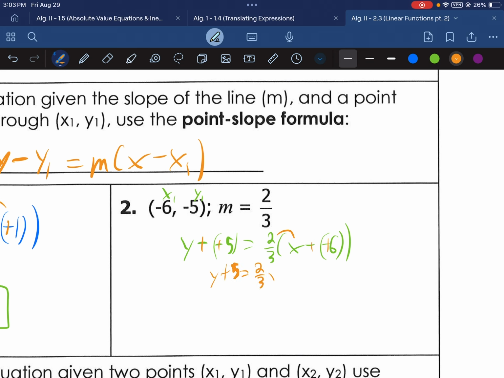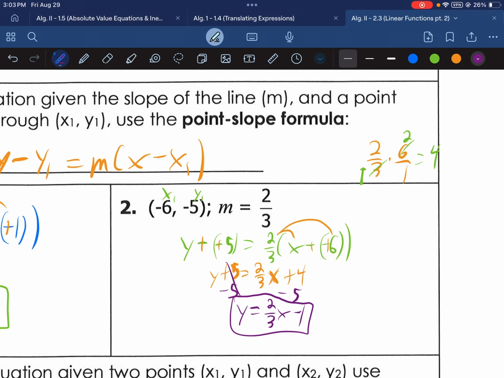So on the left side it's y plus 5, equals 2/3 x, and then 2/3 times 6 is 4. Feel free to do that off to the side, like 2/3 times 6/1, reduce by 3 and get 1 and 2, and get 4. Now from there, we'll subtract 5 from both sides and get y equals 2/3 x minus 1.